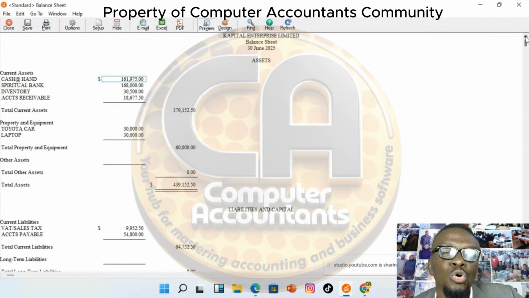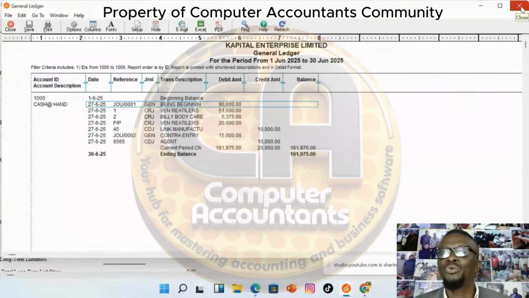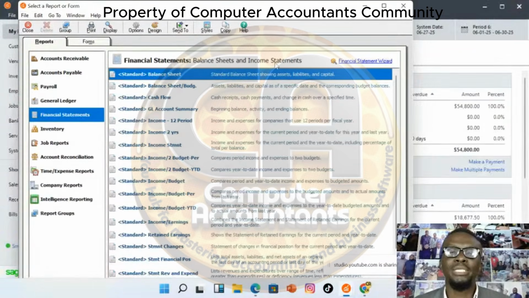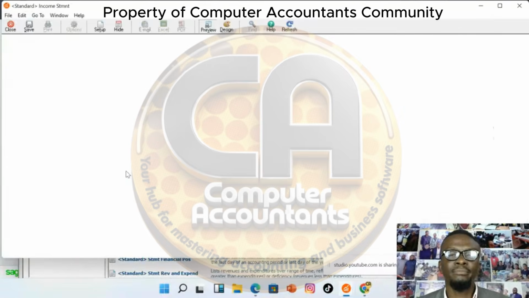Now, since you already have the software and you can do the work, I'll allow you to go through the reports. So let me look at our P&L, the standard income statement. So this is it.